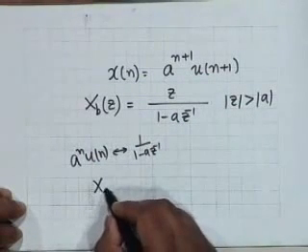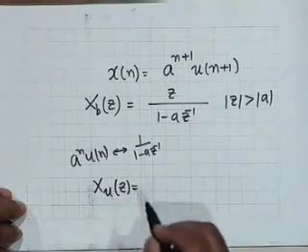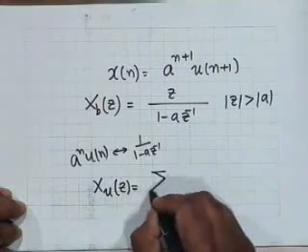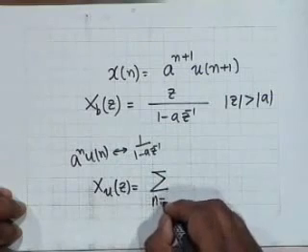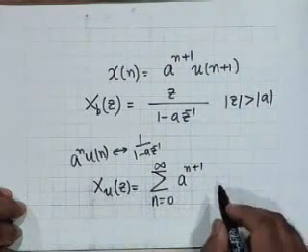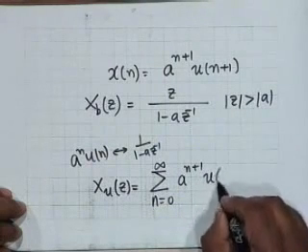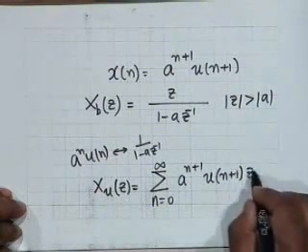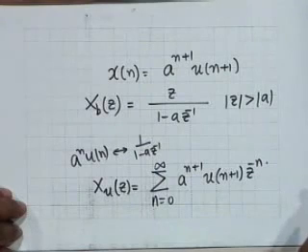Now, if I find out the unilateral z transform, let's see what this becomes. Sum over n equal to 0 to infinity, a to the n plus 1, u of n plus 1, z to the minus n.